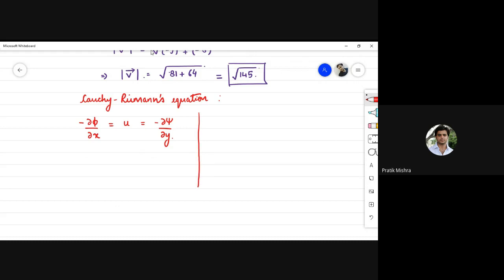Second, minus del phi by del y is equals to v, which is simply equal to del psi by del x. So using Cauchy-Riemann's equation, we know these relations that ये जो आपके सामने लिखा हुआ है. अब हम यहाँ पे u और v की वैल्यू सब्स्टिट्यूट करेंगे और उसके करस्पॉन्डिंग साई फंक्शन, स्ट्रीम फंक्शन साई को ऑब्टेन करेंगे.